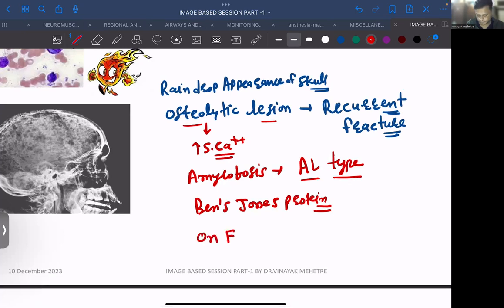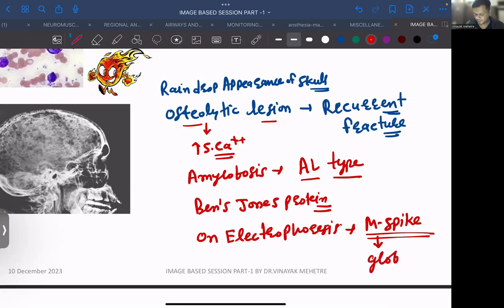On electrophoresis, which spike will be seen? Yes, M spike. Due to which globulin? It is due to globulin. Yes, IgG. Correct. Now give me a question.